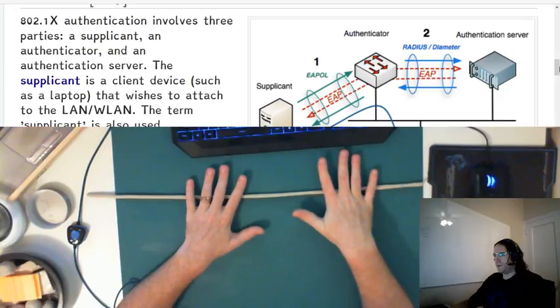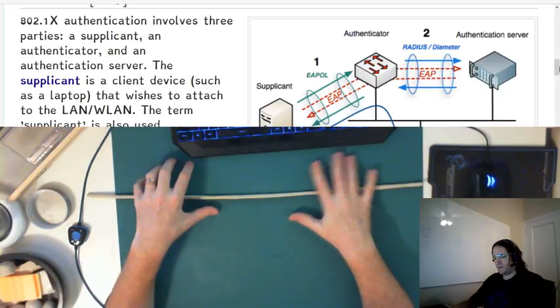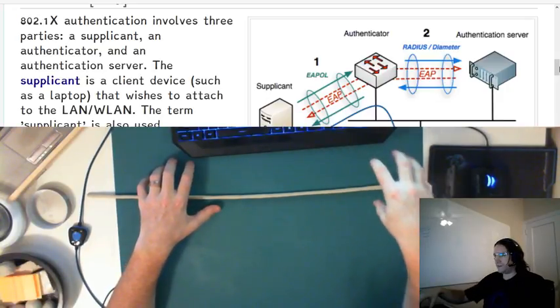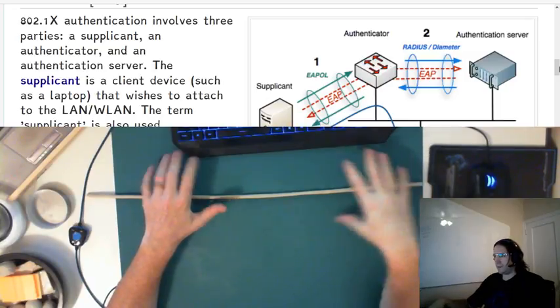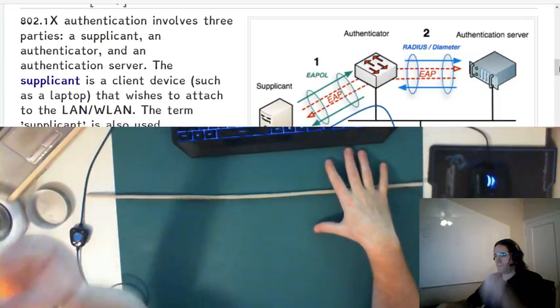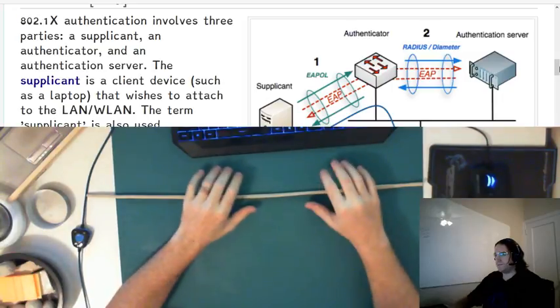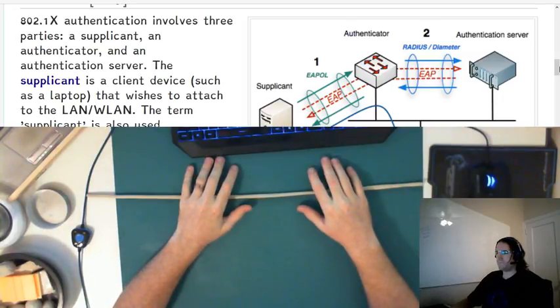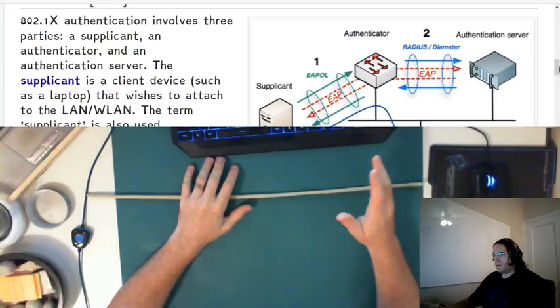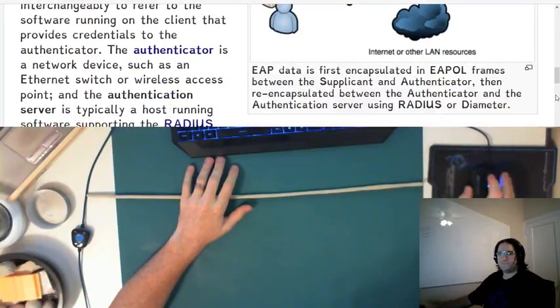So the supplicant is sending the request, and it could be software installed on that device. Okay.